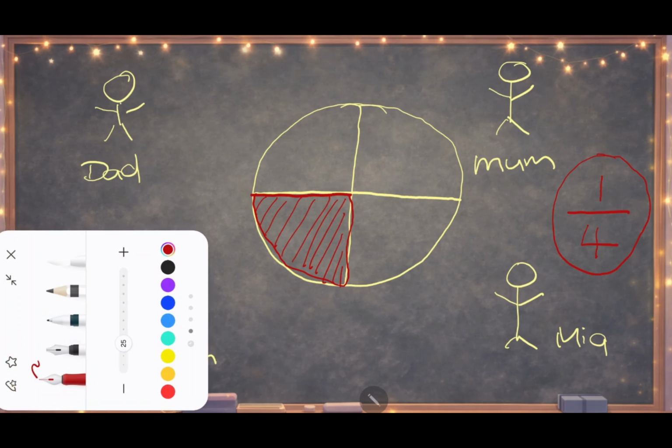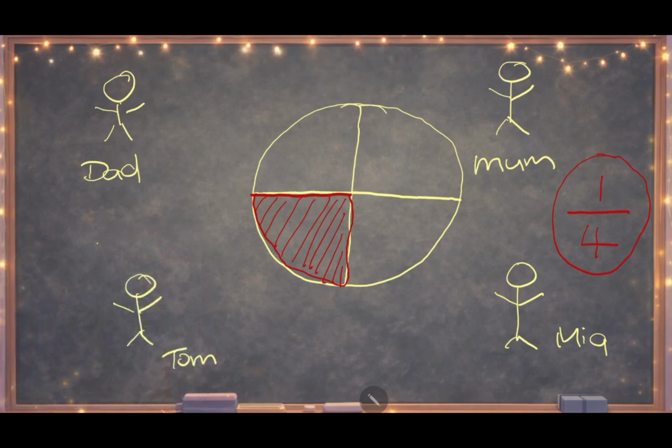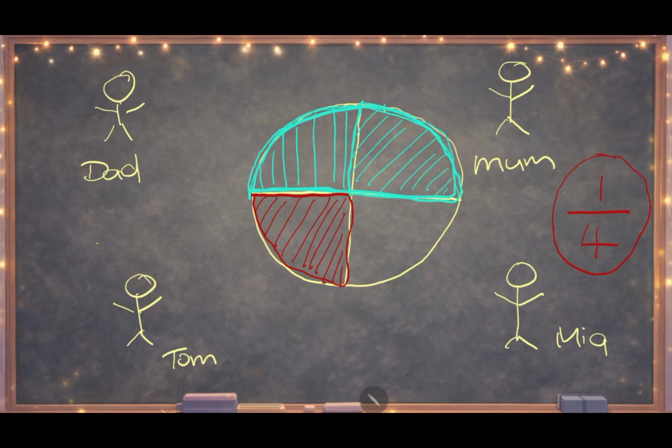If I was to describe the amount of pizza that Tom's parents ate together, so this part is eaten by Tom's dad, and this part is eaten by Tom's mom. So what is the fraction of pizza Tom's parents ate?